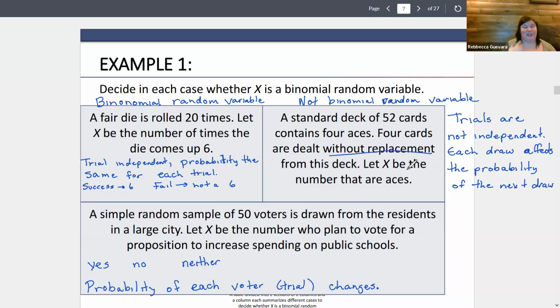I don't have a voter where there's a 50% chance they're going to vote yes and a 50% chance they're going to vote no each time. Each one varies. They may not know what they're going to pick until they get there and start deciding. Their other political values, like whether they're Democrat, Republican, or independent, will affect those probabilities. So my probabilities are not the same in each trial. And you can argue that it really isn't two choices, though we could kind of force it.